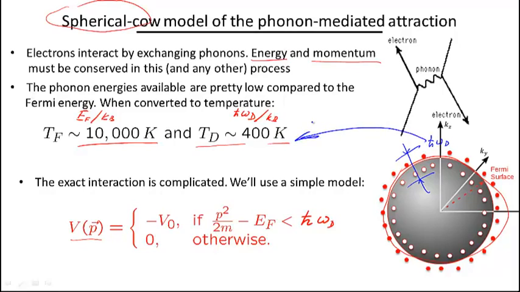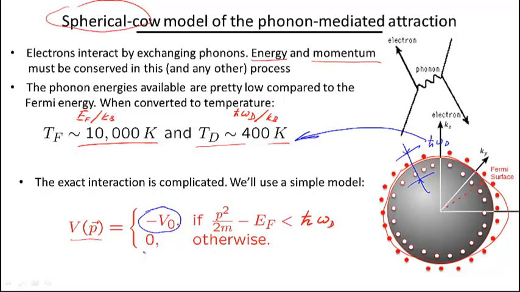So basically, if two electrons can exchange phonons, they do so, and this results in the attraction, which is manifested here through this negative coefficient, and V naught is some constant. And if two electrons are located beyond this narrow region, then they don't have a mechanism to attract each other, and their interaction therefore is 0.